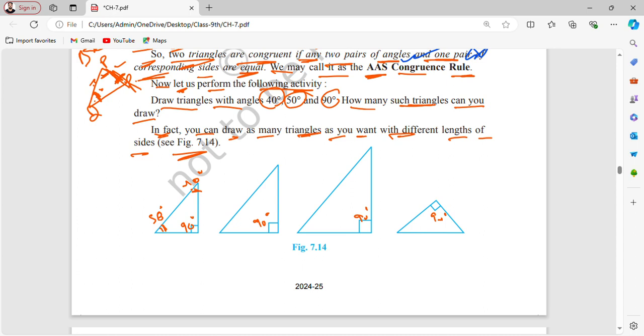So this is 40 degrees, this is 40 degrees, this will be 50 degrees, and this is 50 degrees. And this angle will be 40 degrees and this angle will be 50 degrees. So these are four figures here, so we can understand the measurement of the angles, and we can arrange them like this, like that, and in this pattern.